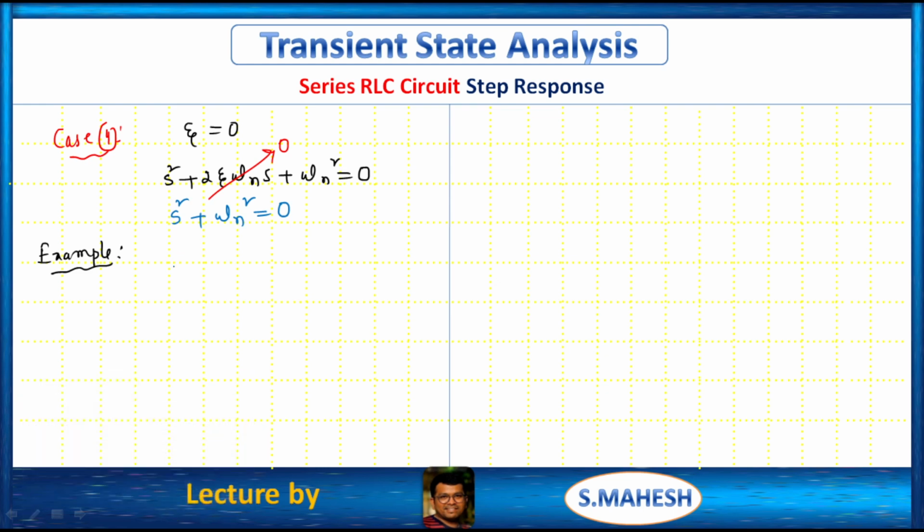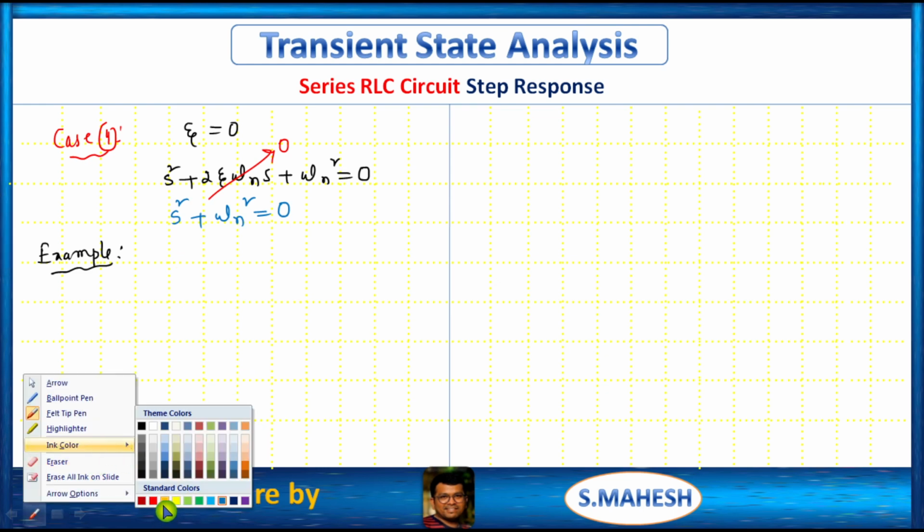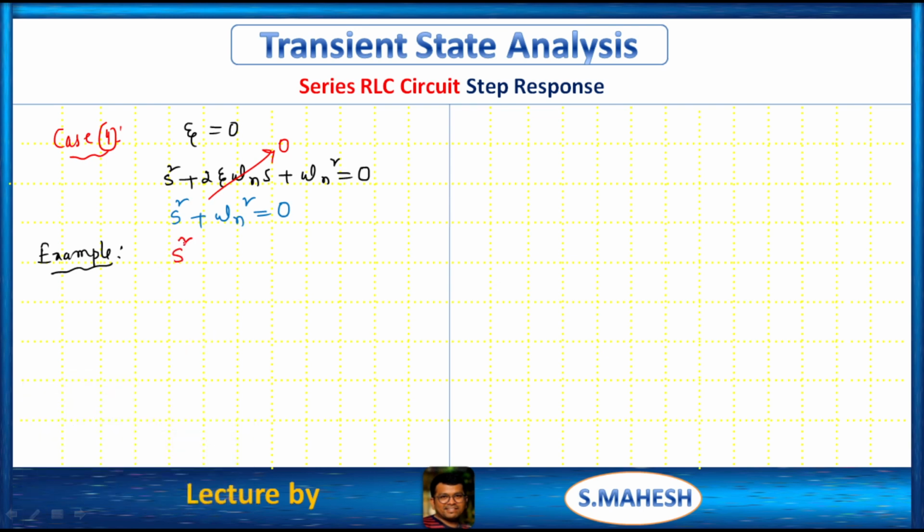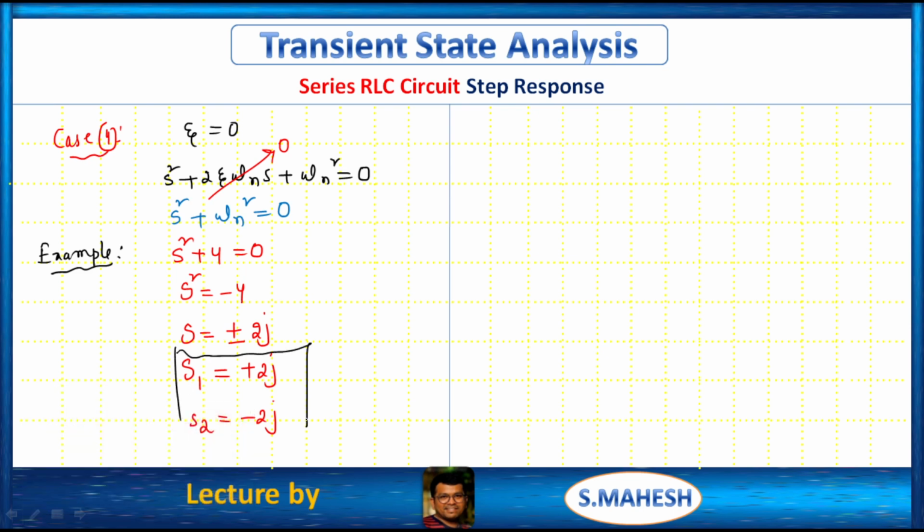Let us take s square plus 4 equal to 0. From this, s square is equal to minus 4, so s is equal to plus or minus 2j. That is, s1 is equal to plus 2j, s2 is equal to minus 2j, right? These are the roots for this case 4.